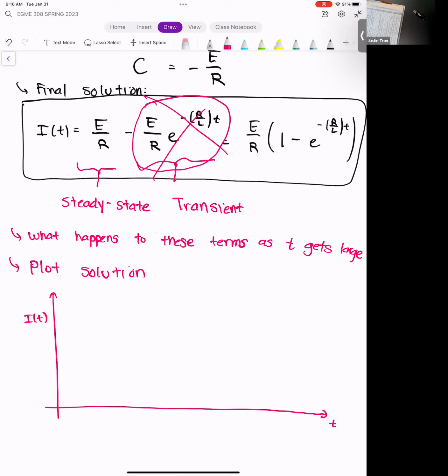We're going to have t on the x-axis and I of t on the vertical axis. If you plot this, it would look something like this. For this asymptote, where it plateaus out, the value is E over R.